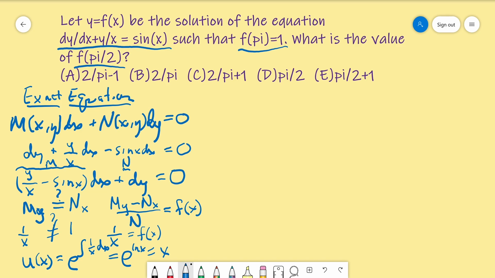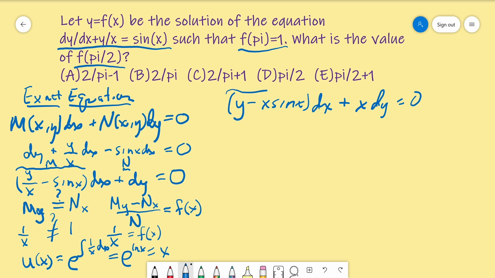And the cool thing is that if we multiply the whole equation by this integrating factor, it will become exact. Here, I'll show you. Well, if we multiply through by x, we get y minus x sine x, all times dx, plus x dy equals 0.